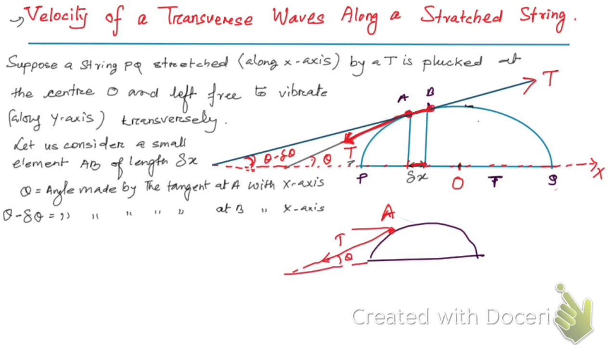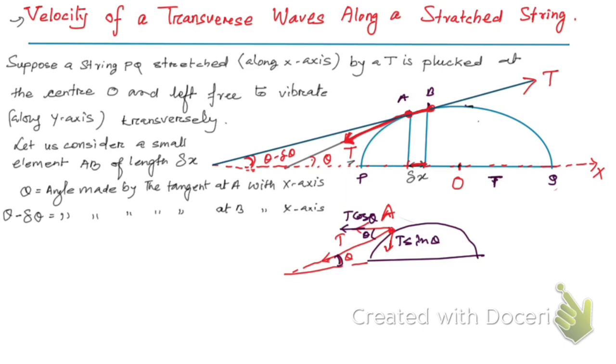So it must have two components, one is this, another is this. If this angle is theta, then this must also be theta, alternate interior angles. Then this horizontal component must be T cos theta, and the vertical component must be T sin theta, right?